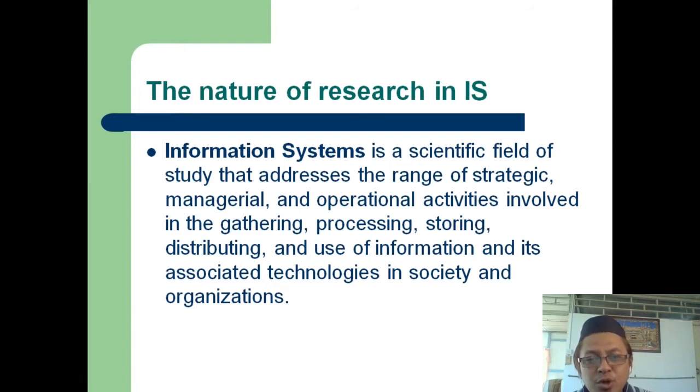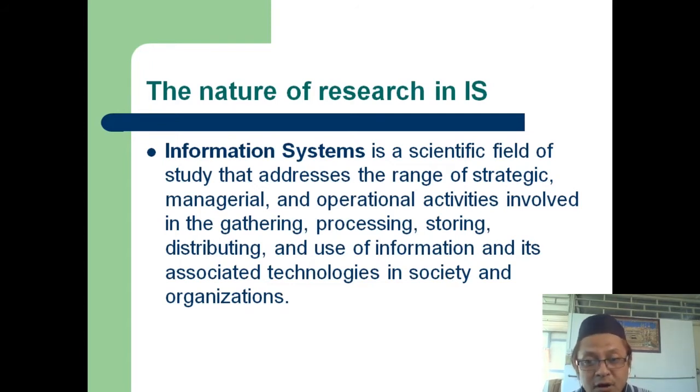One of the most common definitions is that an information system is a collection of hardware, software, people, procedure, and data that work together to convert data to information to be used by organization. This is the most common, the most accepted, or the most used definition of an information system.